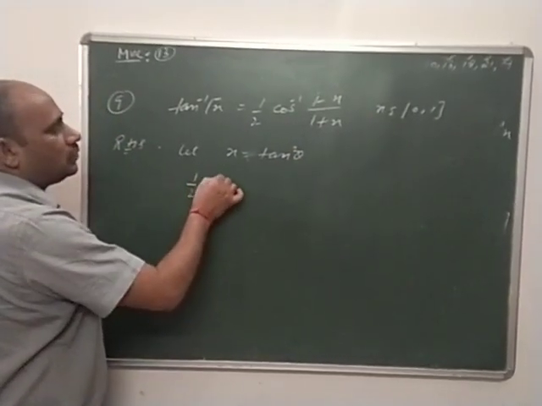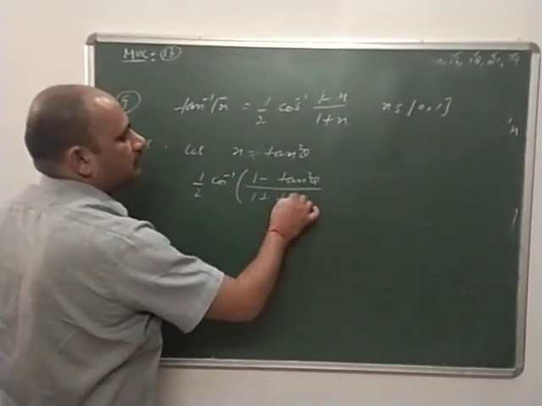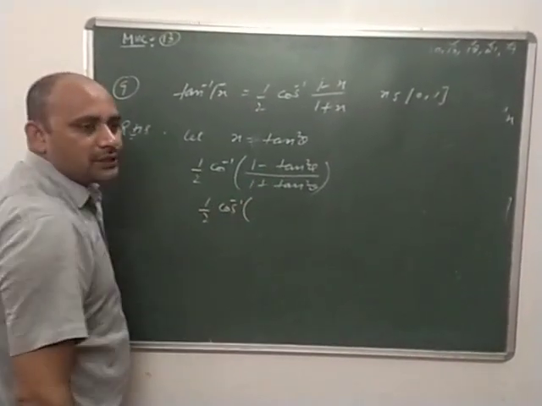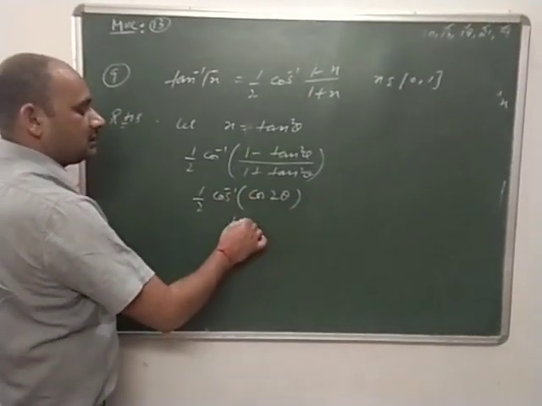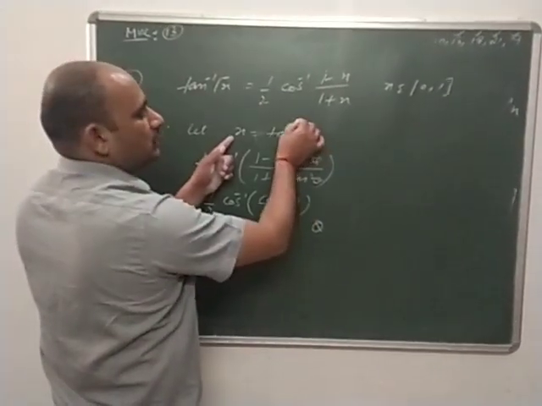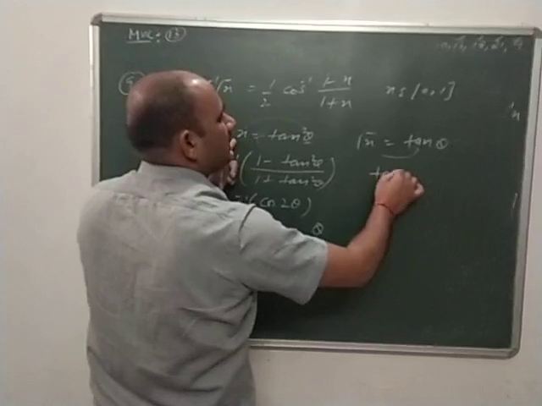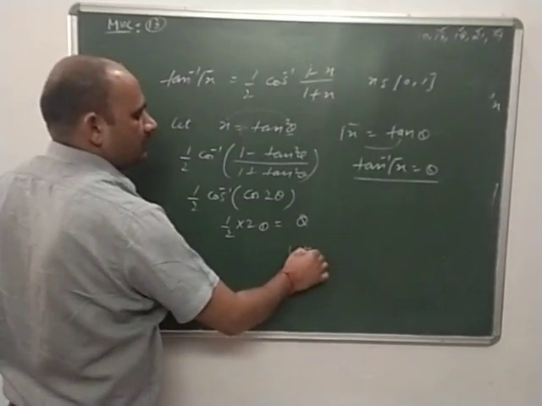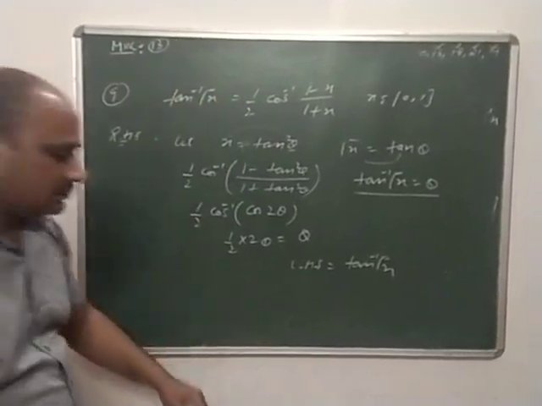Then half cos inverse of (1 minus tan square theta) upon (1 plus tan square theta). This is the property of cos 2 theta. Now cos and cos cancel, 2 and 2 cancel, we have theta, and converting the square into square root, tan inverse. In the left side we also have tan inverse of square root of x, so left equals right.